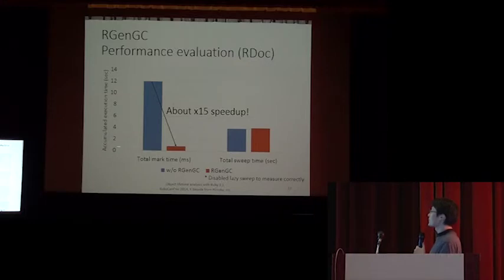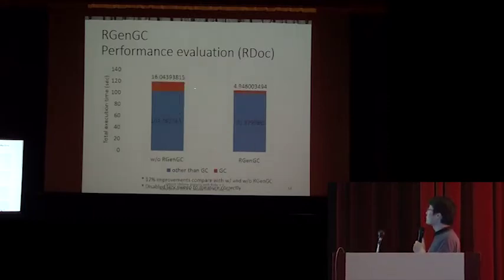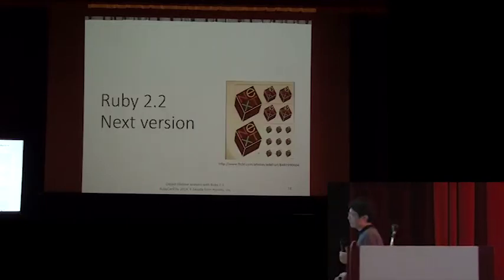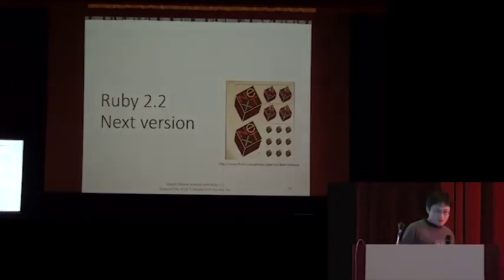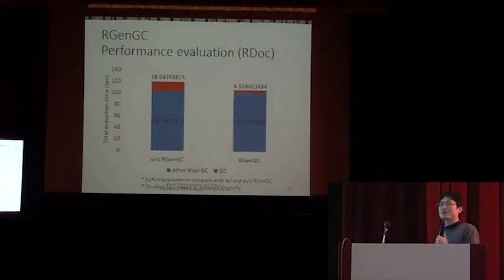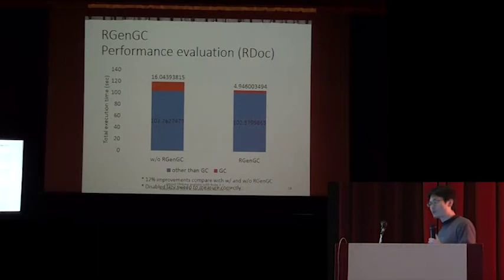This is the execution time, and marking time is very, very fast after introducing RGenGC. So the performance of the application improves by 10%. That is the achievement of Ruby 2.1.